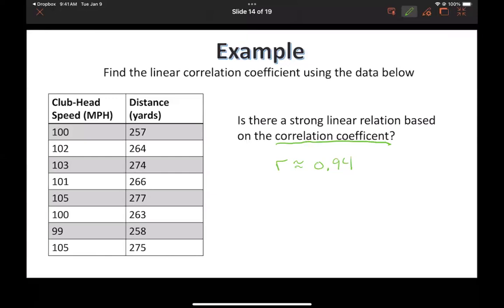I'm not going to go too far out though, because unless you have a perfect linear relation, the further away from your data you go, the less accurate your prediction will be. But I could predict in here, because I don't have 104, I could predict the distance the ball would go with a 104 mile per hour club head swing. And I would feel pretty confident because I have a 0.94 R value.